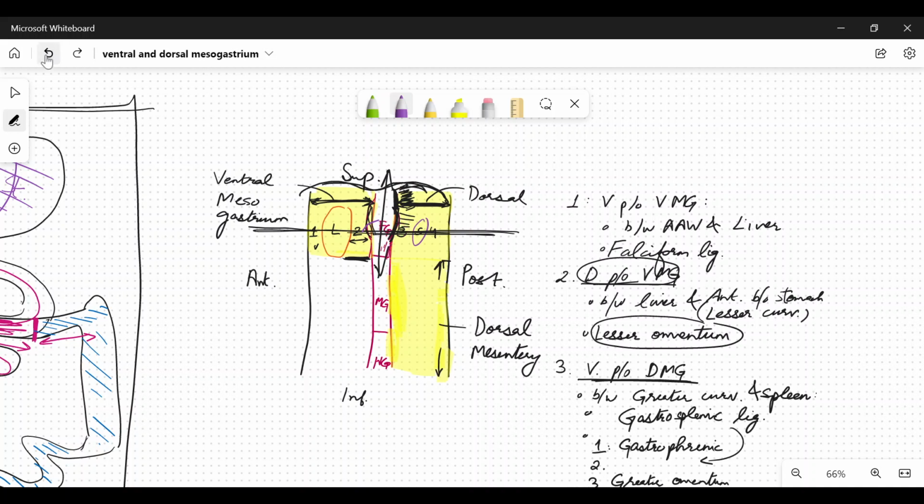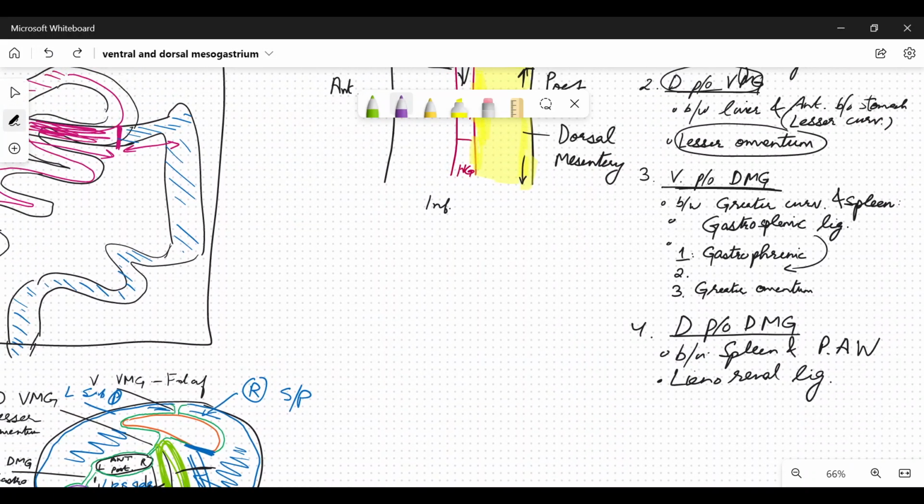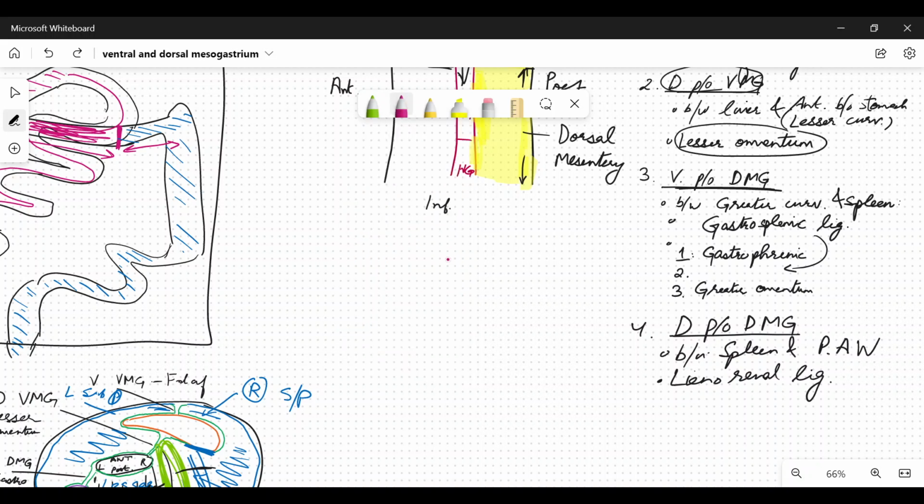Another rotation of the stomach: if immediately below it, I again draw this gut tube in a superior-inferior direction, this is the fusiform stomach that is forming, and then the duodenum and all. One axis, around which the rotation we have talked about, is the longitudinal axis of the stomach, around which the rotation is happening in this way, right?